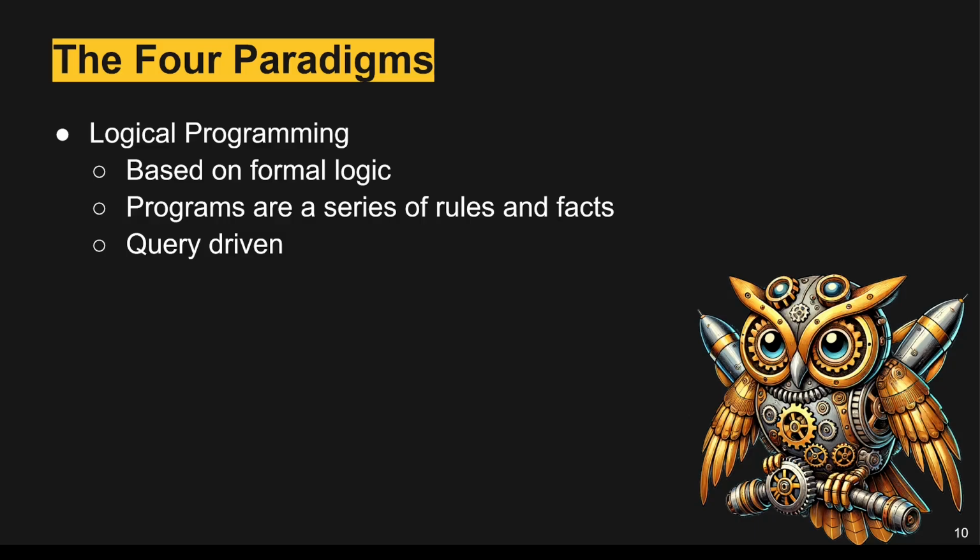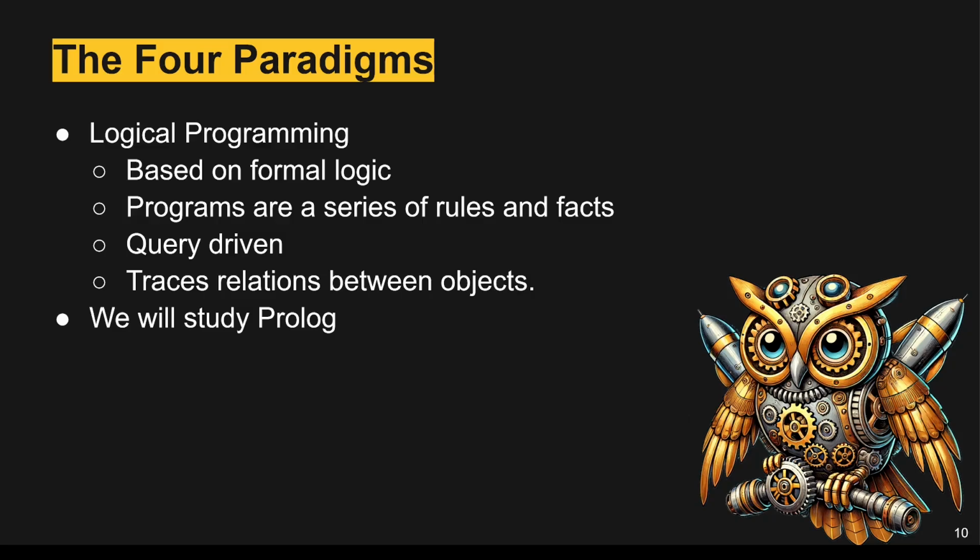So there'll be facts that are introduced, say that Bob loves Jean and Jean loves Tom. And based on those facts, we can create rules, and those rules apply the facts and allow us to create queries based on the rules and facts. And it works through the relationship between the objects, the facts, and the rules to come up with answers to the queries. In this class, we will study the logical language Prolog.